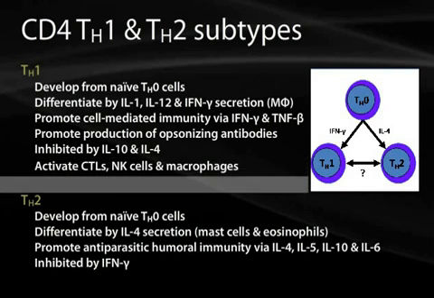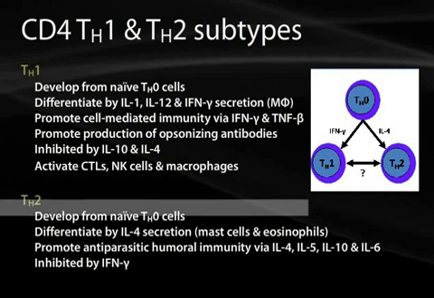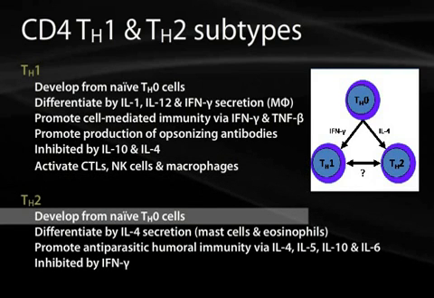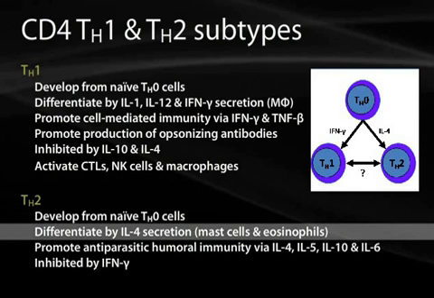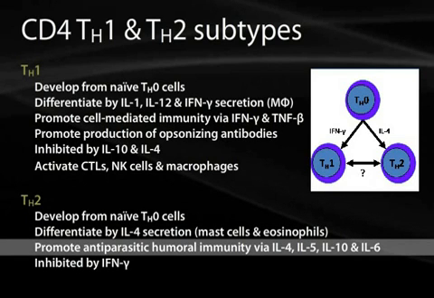Now, if the Th0 cell gets stimulated within the context of something like IL-4, which is secreted by mast cells and eosinophils, then this promotes more of an anti-parasitic type of response. This will induce that Th0 cell to become a Th2 cell. As a Th2 cell, it will secrete cytokines such as IL-4, IL-5, IL-10, and IL-6.